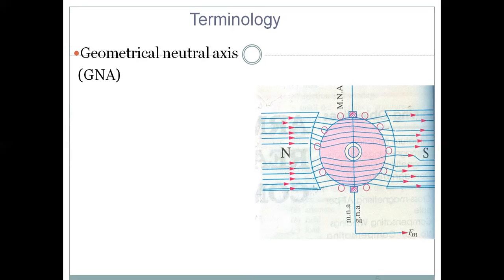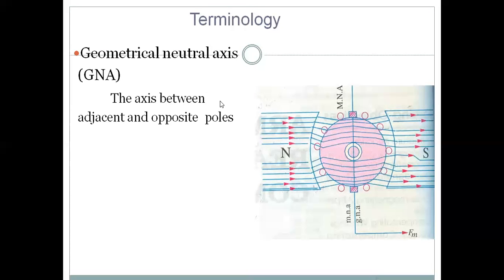GNA, geometrical neutral axis. You can see in this picture the North Pole, South Pole, MNA and GNA are shown. The geometrical neutral axis is an axis between adjacent and opposite poles.